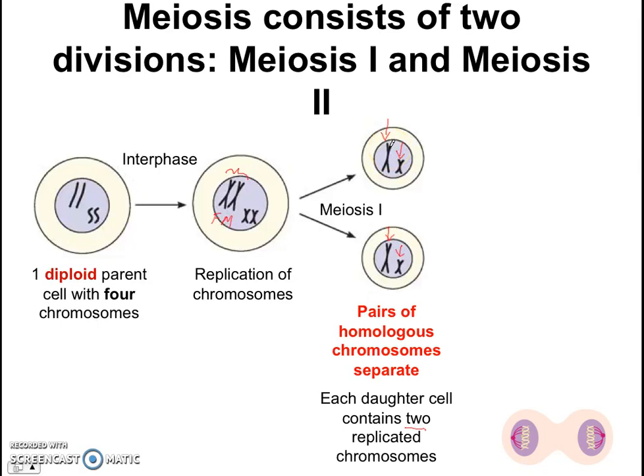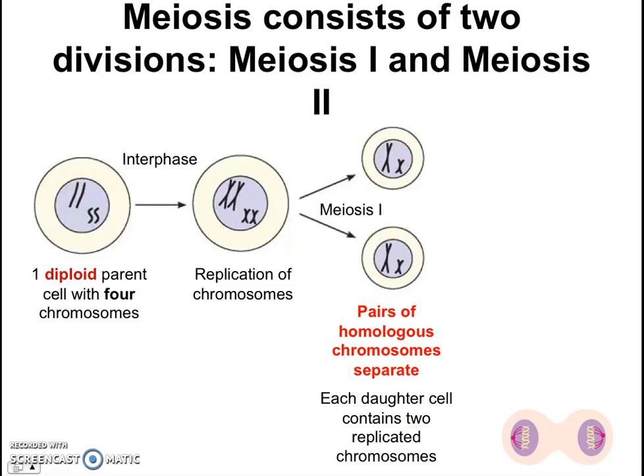At this point the reduction has already taken place. We started with a parent cell with 4 chromosomes, and now each daughter cell has only 2 chromosomes. So each of these daughter cells is already considered haploid.